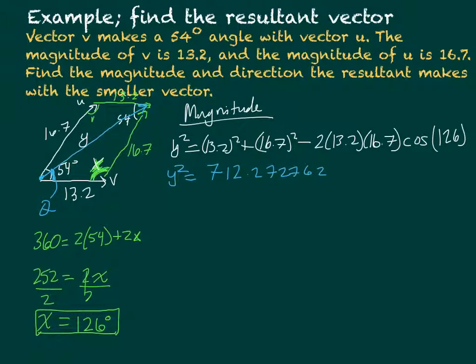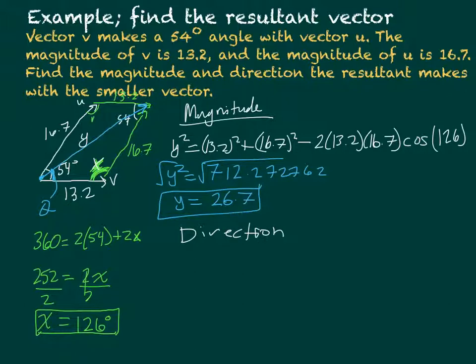And then I take a square root, and y equals about 26.7, and we don't have a unit, so it's just 26.7. So that is the magnitude of my vector. Now I just need to find my theta. Well, that theta is going to be corresponding to the direction, which was the last thing I needed to find.